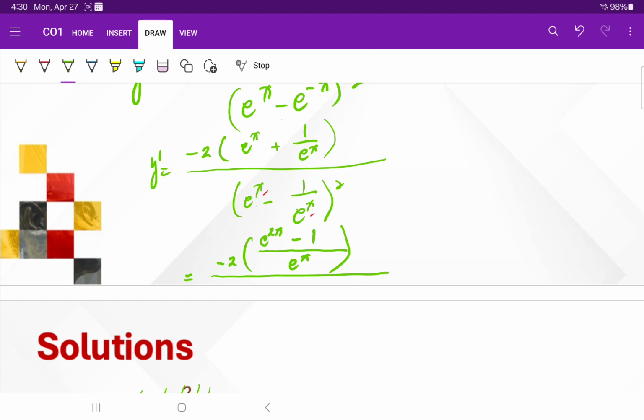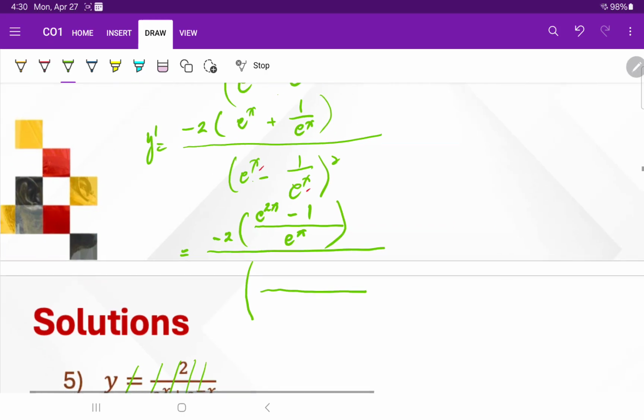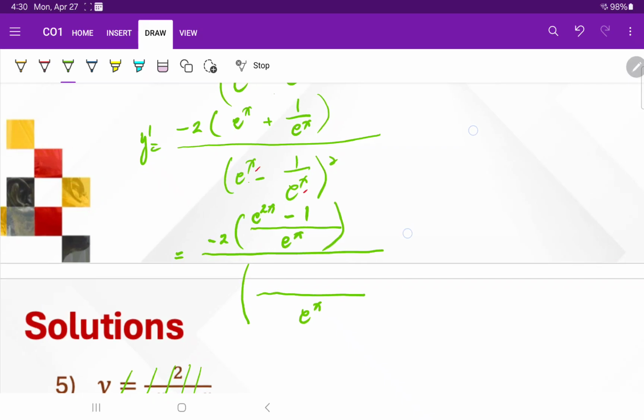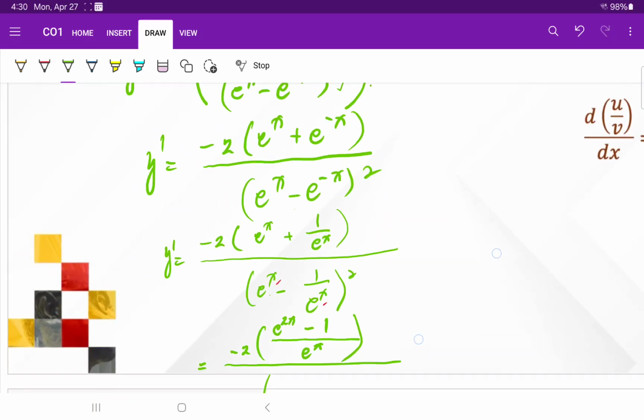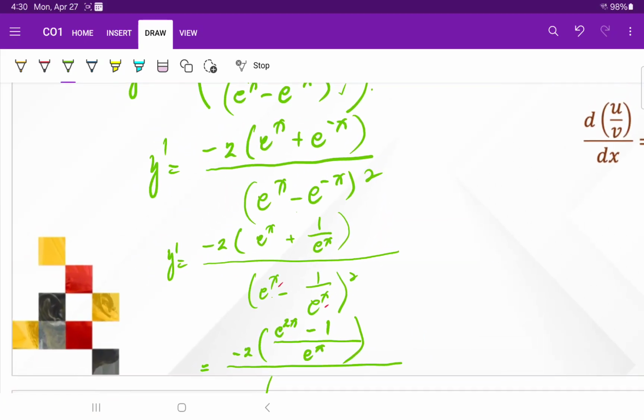Then in the denominator, we also have to find the least common denominator. So what's our LCD here? Our LCD is also e to the x. Then, hold on. This should be plus, right?